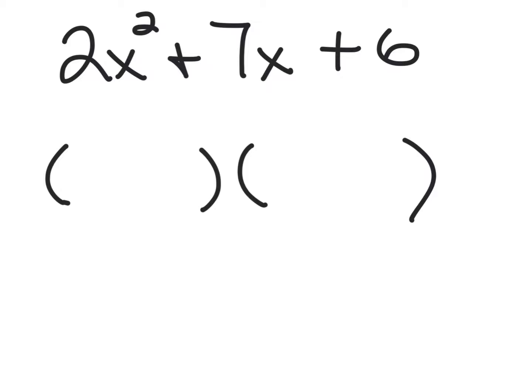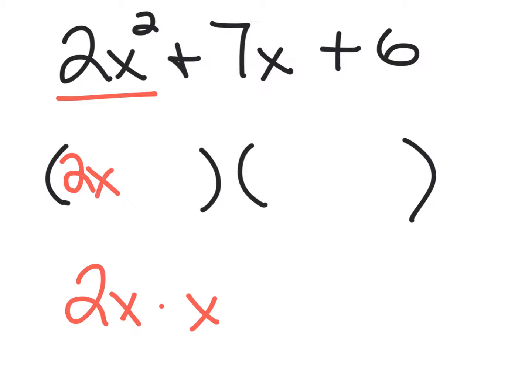All right, so I have two sets of parentheses down, and there's an easy way to look at the first term. So let's look at the 2x squared. What are the factors of 2x squared? They are 2x and x. That's how we get 2x squared. So that's what's going to go in the parentheses in the front.